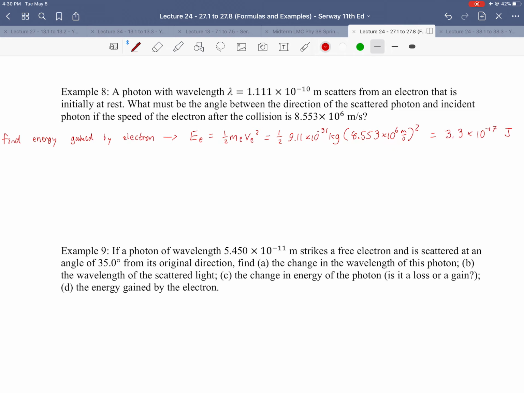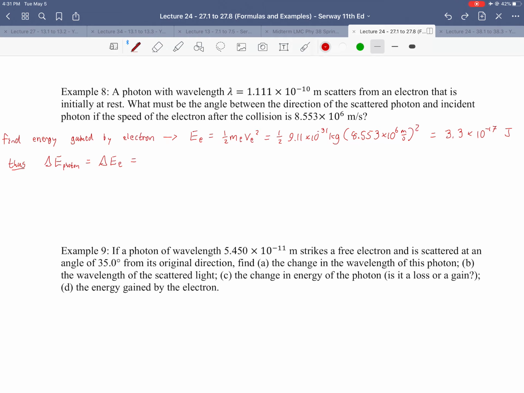The heat is made by photons and electrons. So thus, delta E for the photon is going to equal delta E of the electron. This is a loss of energy; I'm just looking at the magnitude of the energy, but obviously the photon is losing that much energy.